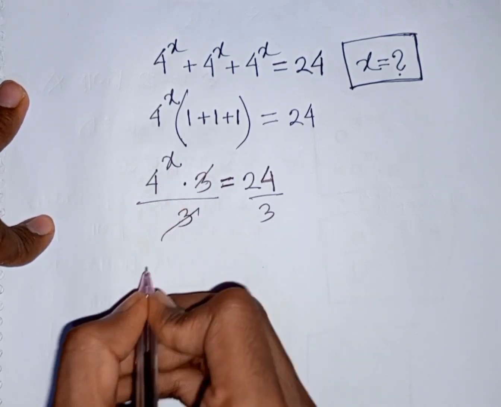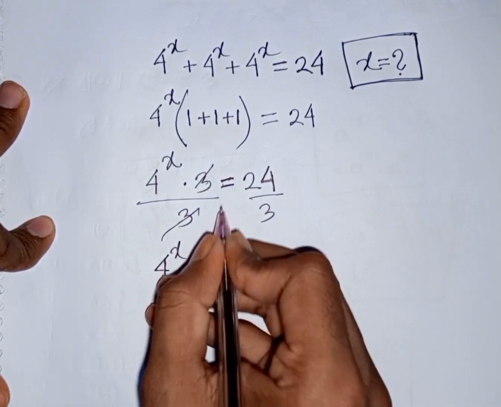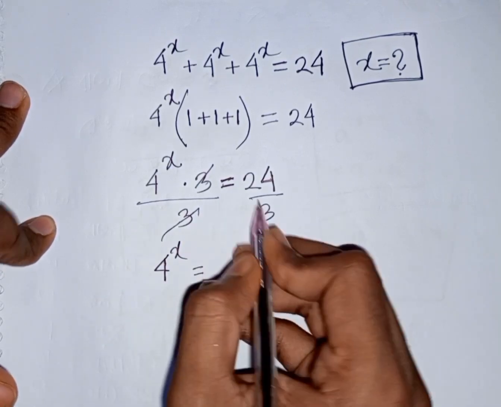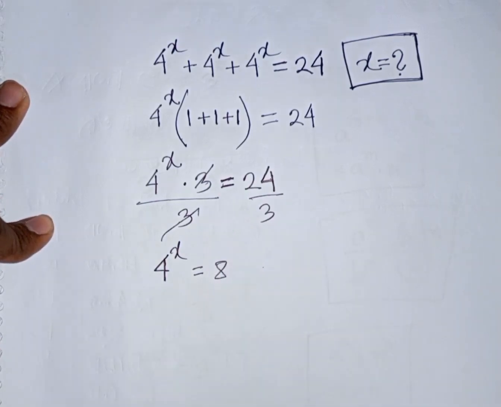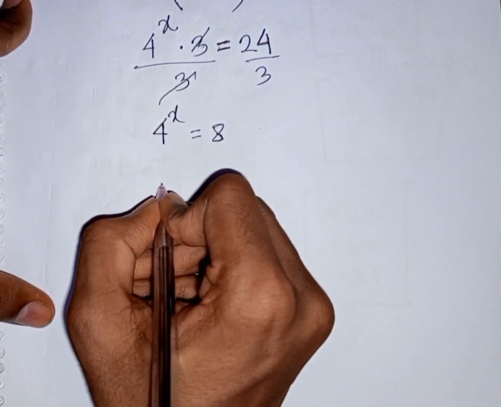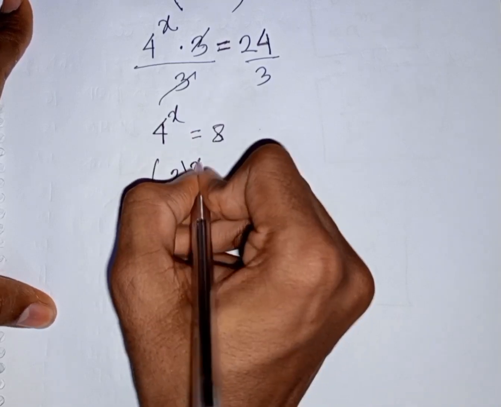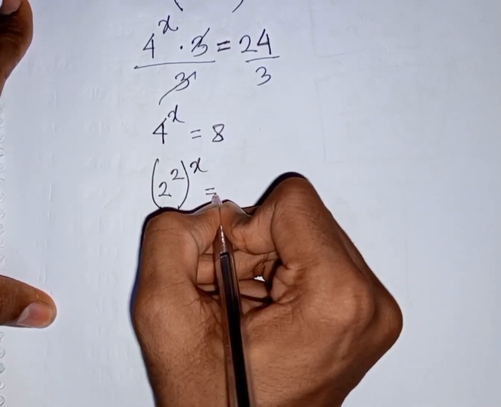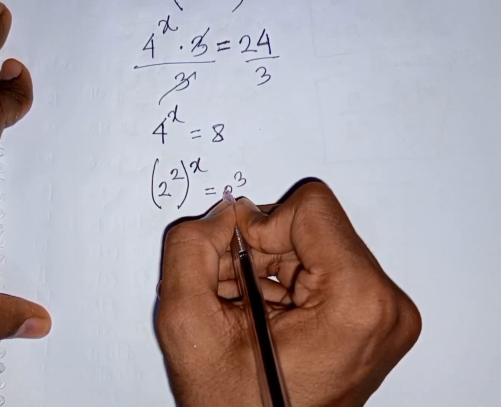So we have 4^x is equal to 24 divided by 3, that means it will be 8. Now 4^x can be written as (2^2)^x, is equal to 8, which can be written as 2^3.